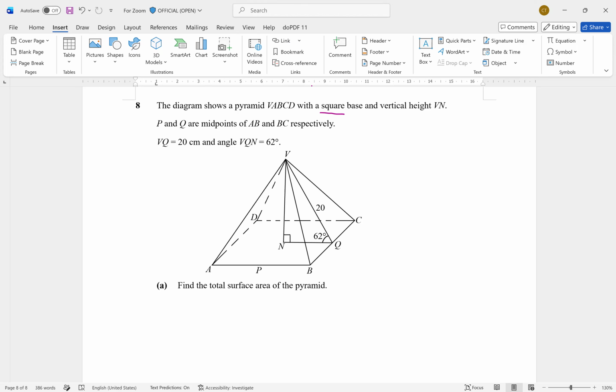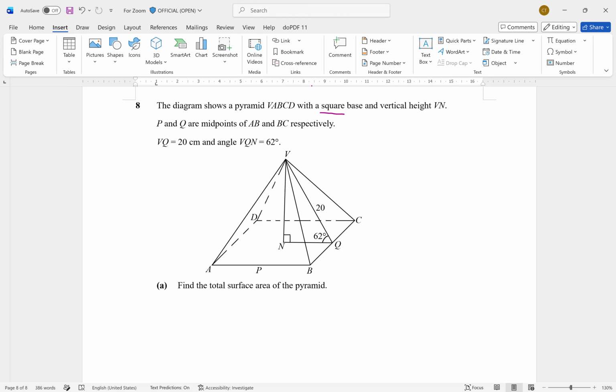Also, to find the area of one lateral surface, we need to know the length BC. We can use half times BC times VQ to find the area of one lateral surface, then multiply by 4 to get all four, then add on the base.